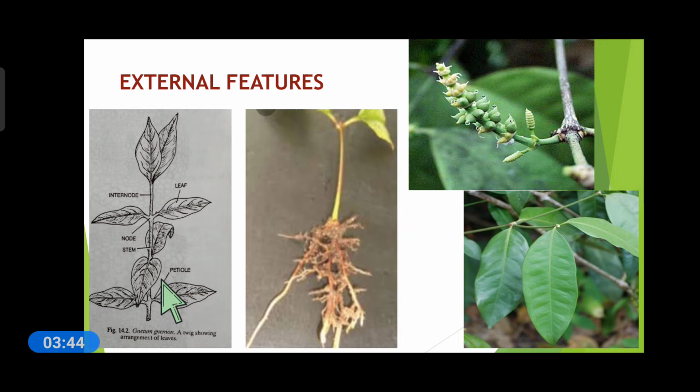As you can see clearly in this picture, the stem is differentiated into the node and the internode. This is the internode and this is the node. The stem is usually articulated, as you can see here. The node of a plant stem is where the leaf or the branch emerges.